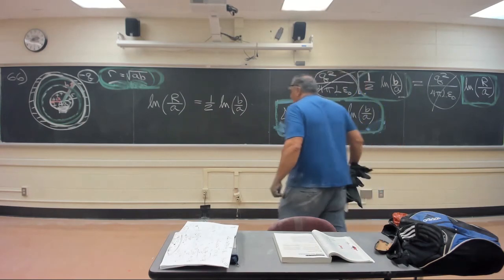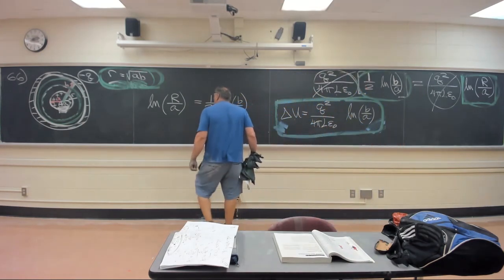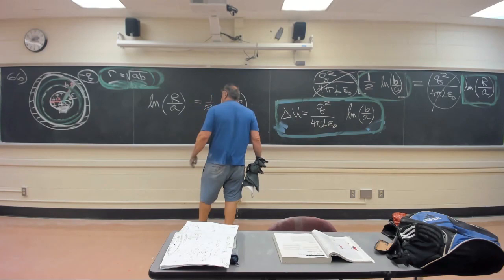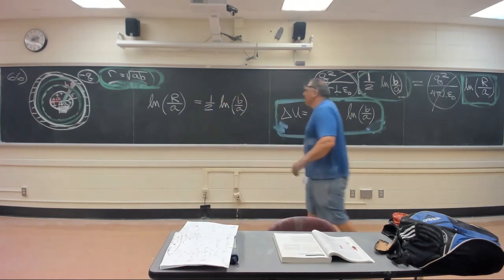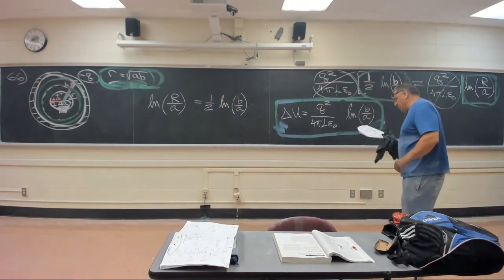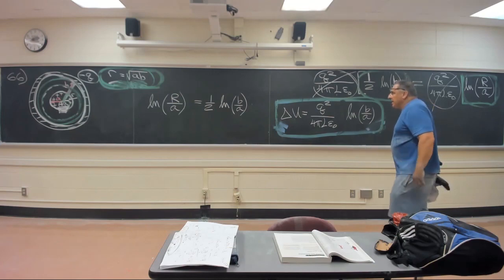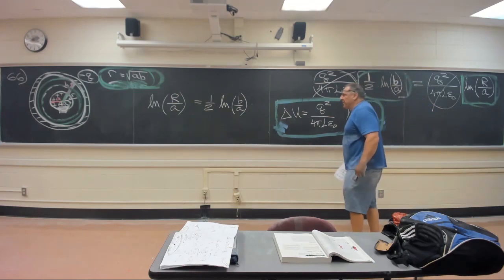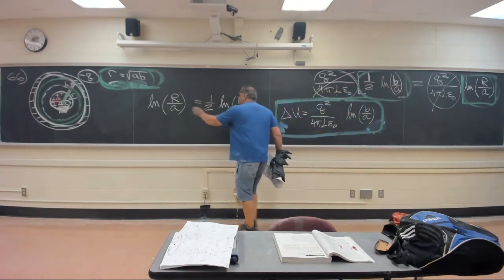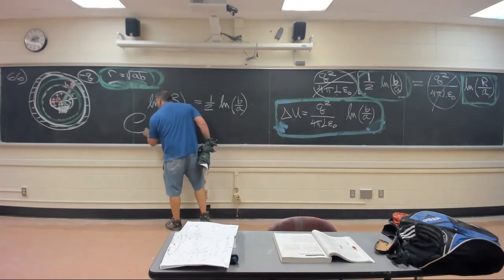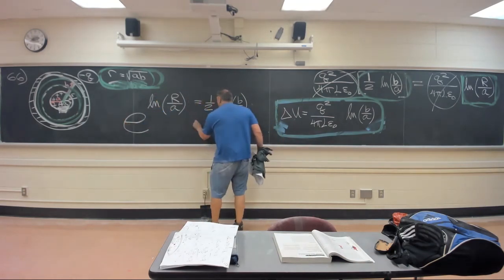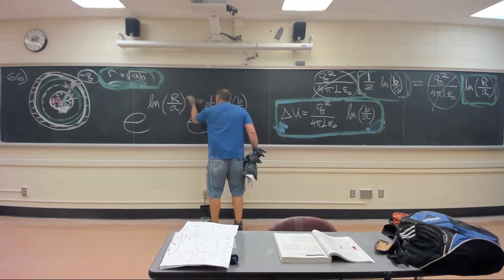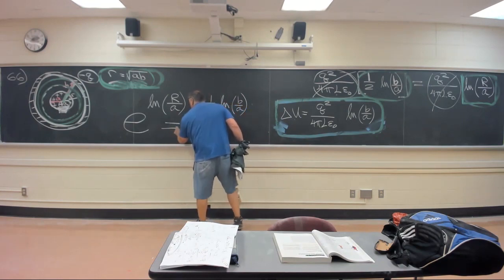Okay. What do you say? Well, yeah, there they are. That's what it is. Is it true, you guys, if two things are equal, they remain equal if you do the same thing on each side? If these two are equal, you can exponentiate each one of them.